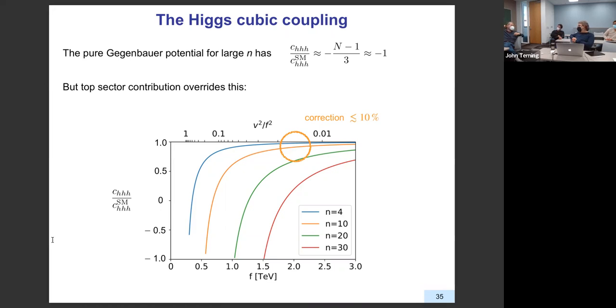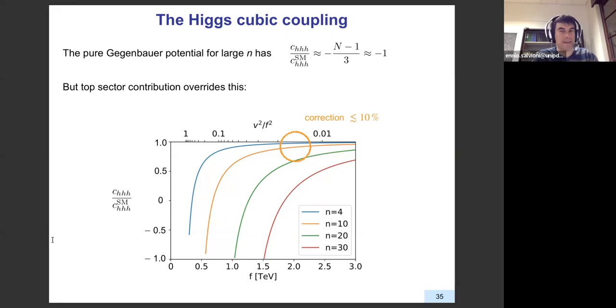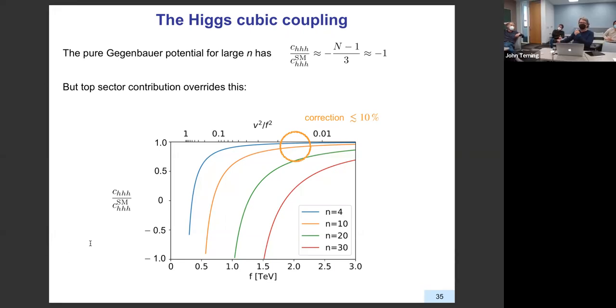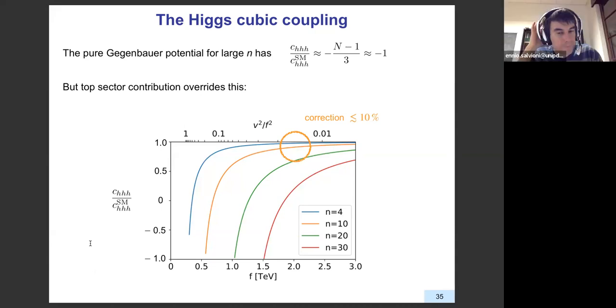When I say loop, you mean the top loop? Standard model, the same way. Oh, I see. That's the point. When you say standard model, the top loop is also becoming the extended. That's right. Top loop. I see. Okay. Yeah, exactly. So it is just the decoupling. Everything is decoupling as F gets large. Yeah, indeed. Okay.